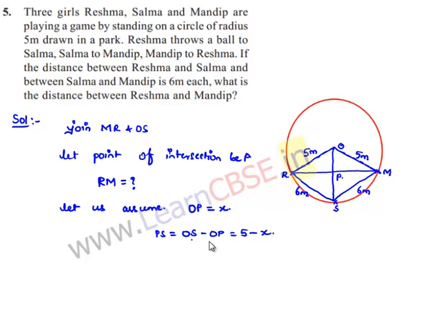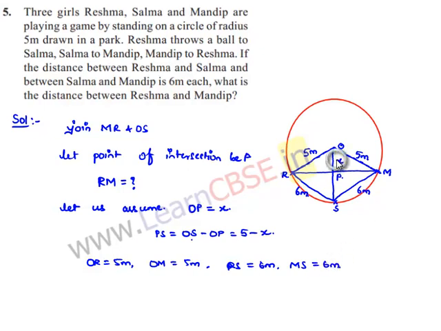Here we have been given the dimensions: OR is equal to 5 meters, OM is equal to 5 meters, RS is equal to 6 meters, and MS or SM is equal to 6 meters.